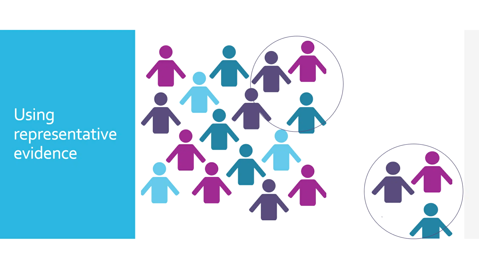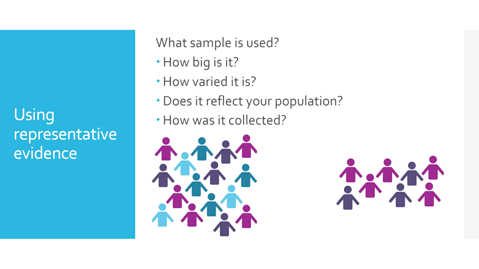And if you just assess the dark purple, the light purple and the dark green, then you're not getting a full representation of that population, and thus the conclusions you make can only be directed to the demographic that you're using in that study.